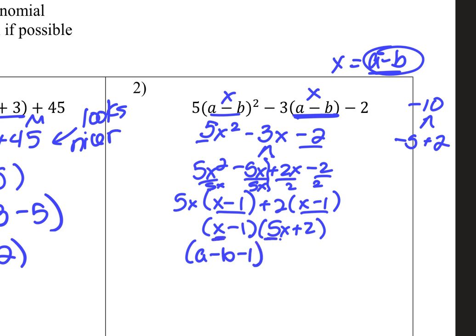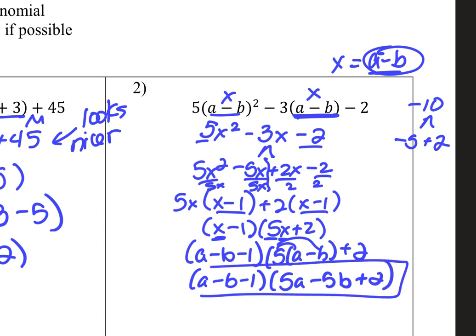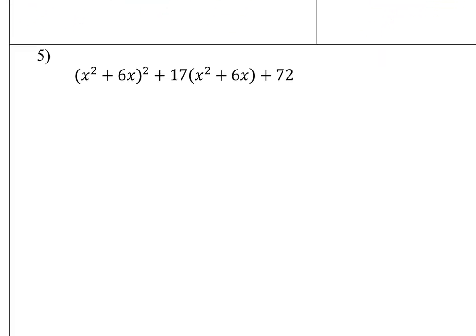Now this is 5 times here, so I'm going to put parentheses here, plus 2, and then multiply it through. Okay, I don't think we would have ever gotten to this factoring, so it's really good to use this substitution to make it a little easier to factor.